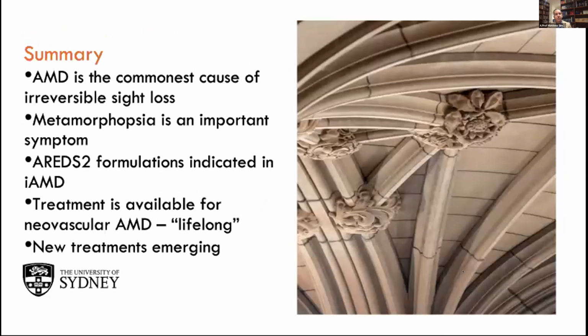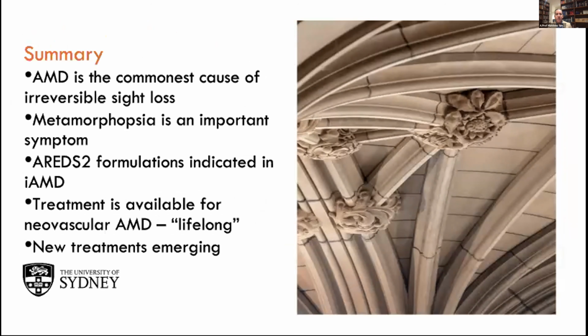So in summary, AMD is the commonest cause of irreversible sight loss in those over 50 years in Australia. Intermediate and late AMD affects more than 10% of this age group. Metamorphopsia or distortion is an important symptom of progression to wet macular degeneration, and patients with this symptom require prompt referral and assessment.